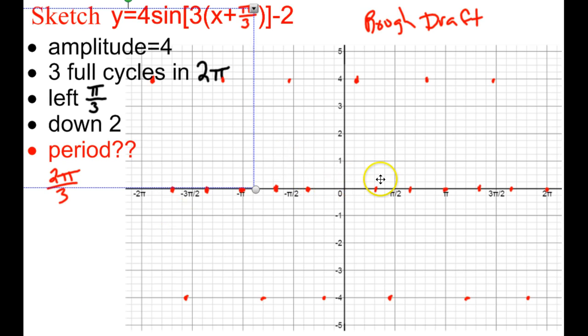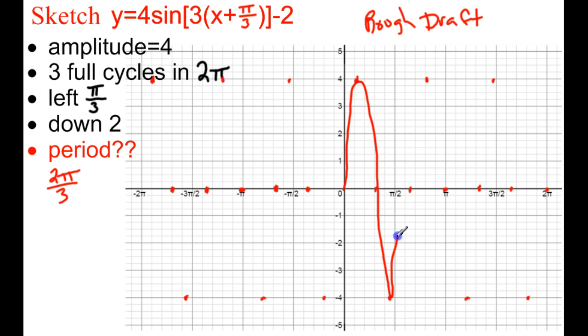Okay, so I've approximately lined up the dots, and now my original graph again was starting at 0 and going up, and so if we draw this in, wow, that was nice.